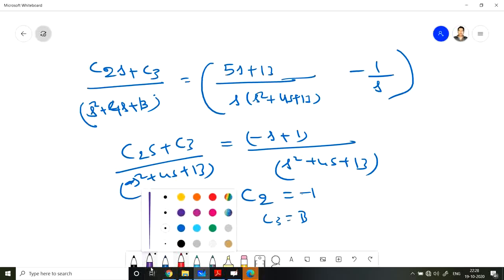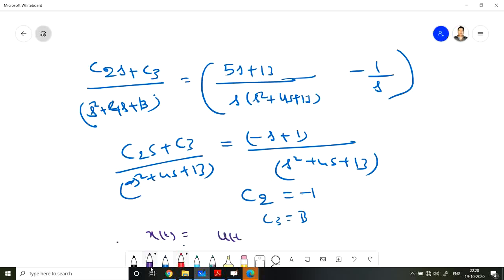We can write x(t) equals u(t) minus e raised to the power minus 2t cos 3t into u(t) plus e raised to the power minus 2t sin 3t into u(t).